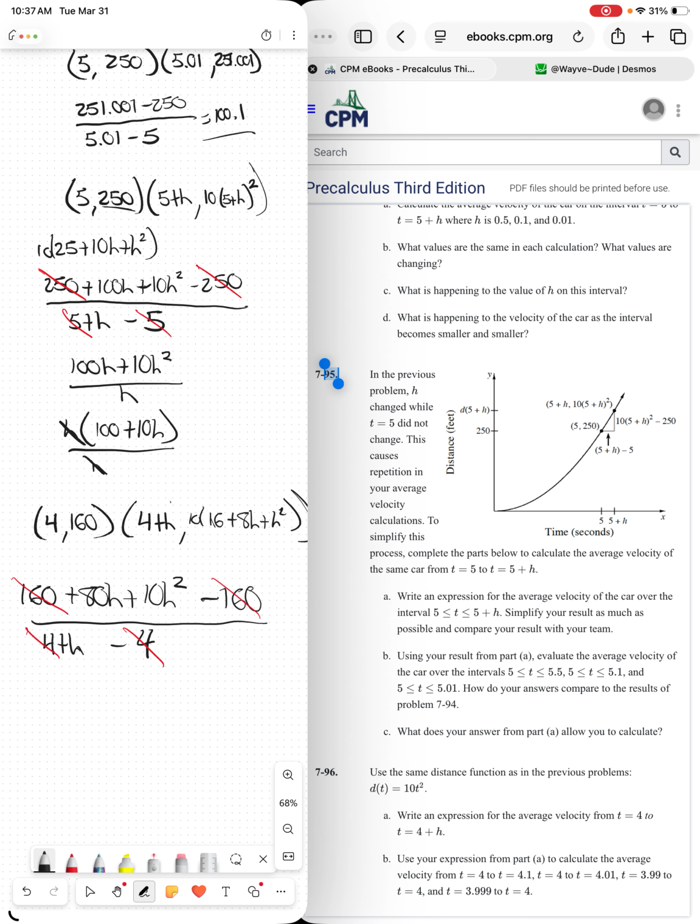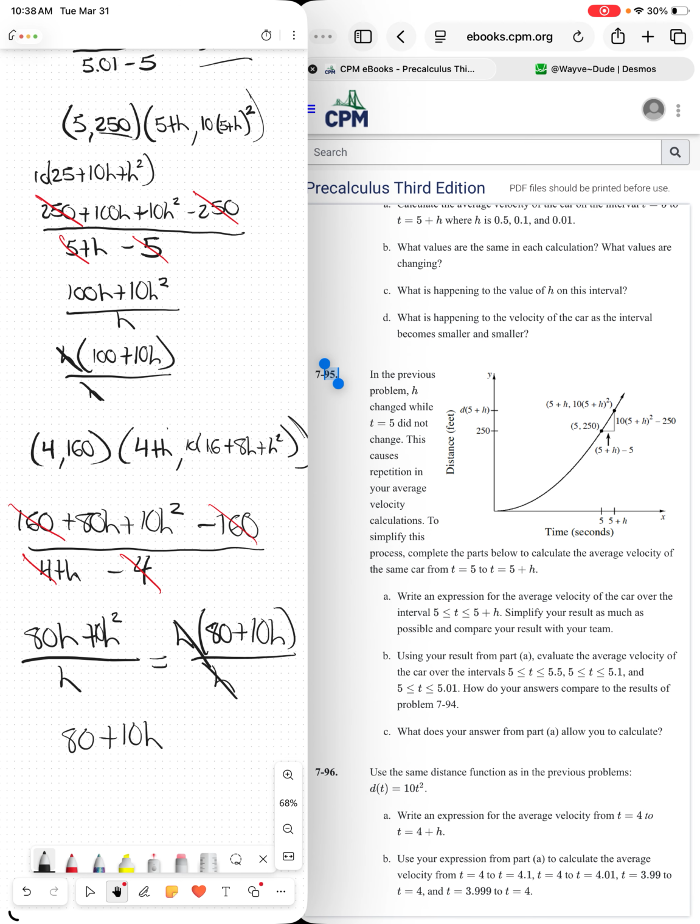Now we have 80h plus 10h squared over h. Factor out an h. We'll have 80 plus 10h over h, and the h is canceled. So our expression is 80 plus 10h.